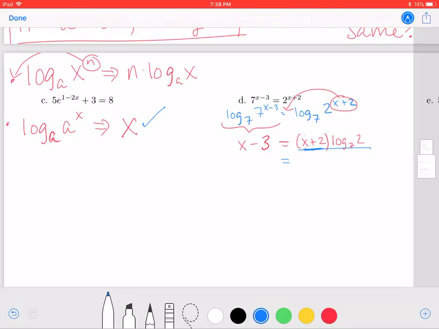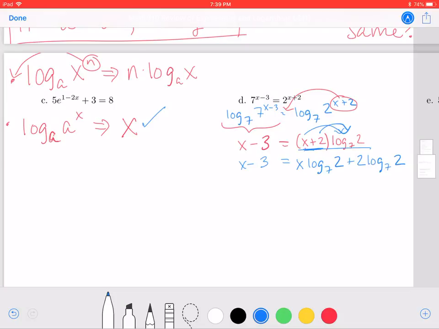So I would get x times log base 7 of 2, and then I'm going to multiply the 2. So plus 2 times log base 7 of 2. So I've just distributed out that x plus 2 so that they both get multiplied by the log base 7 of 2. Nothing happened on the left.